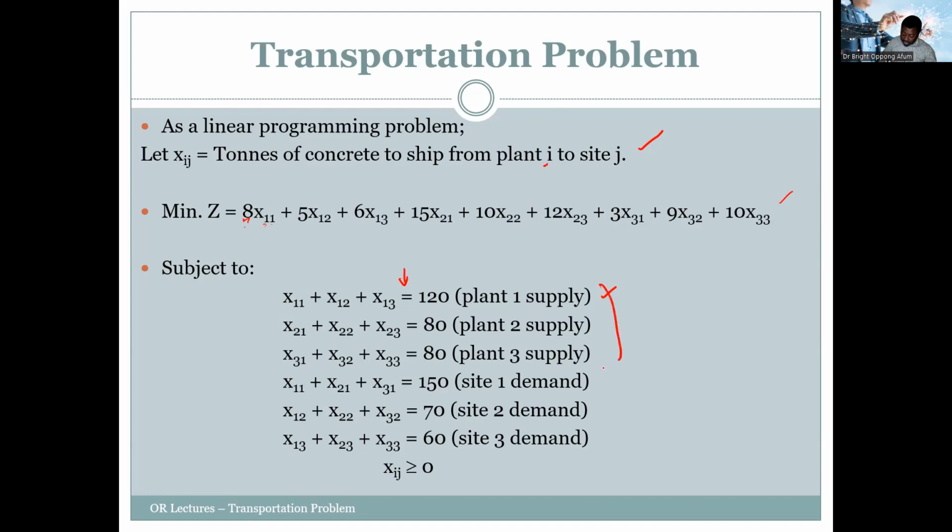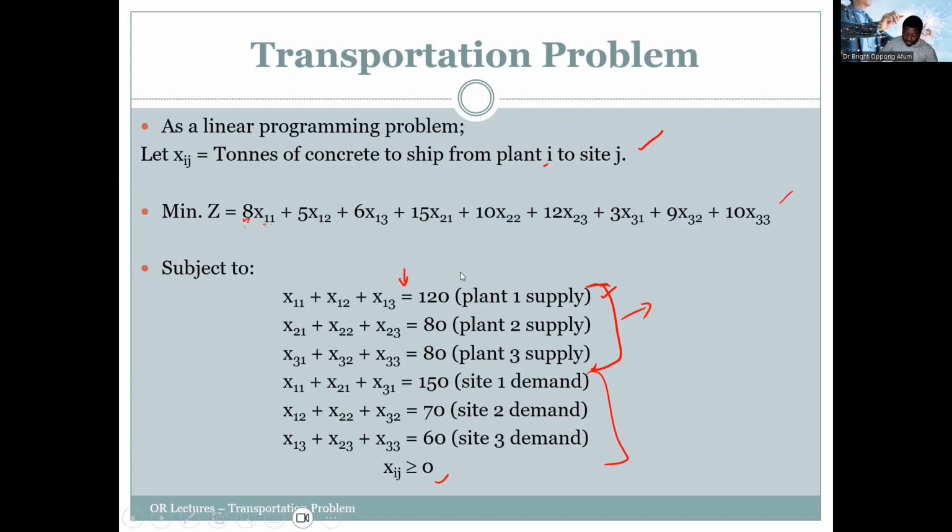So we have the 3 constraints for the supplies and those for the demand. And surely you have to satisfy the non-negativity rule, that is, Xij is greater than or equal to 0, all right?